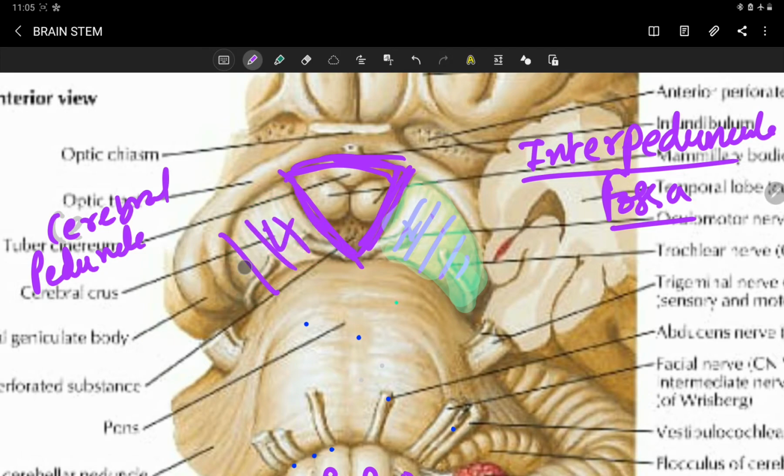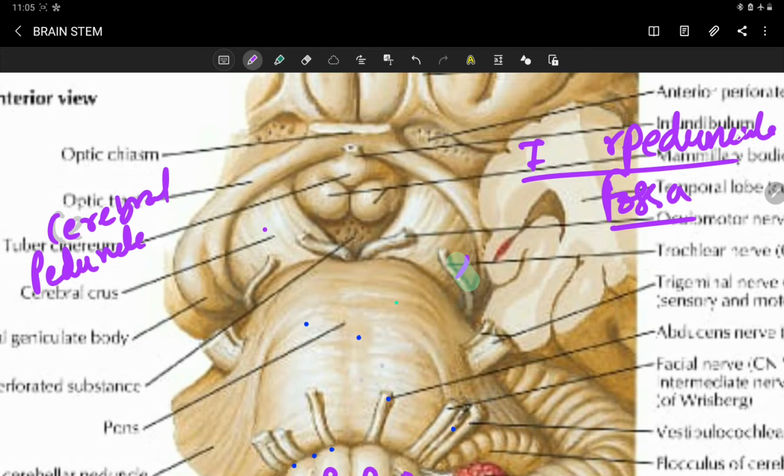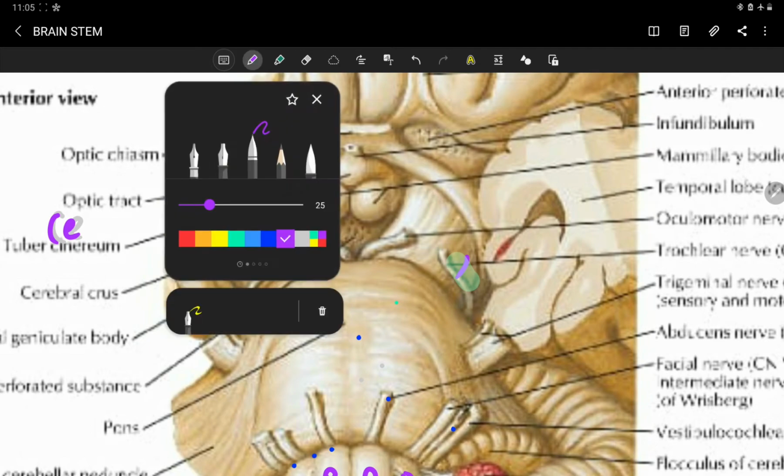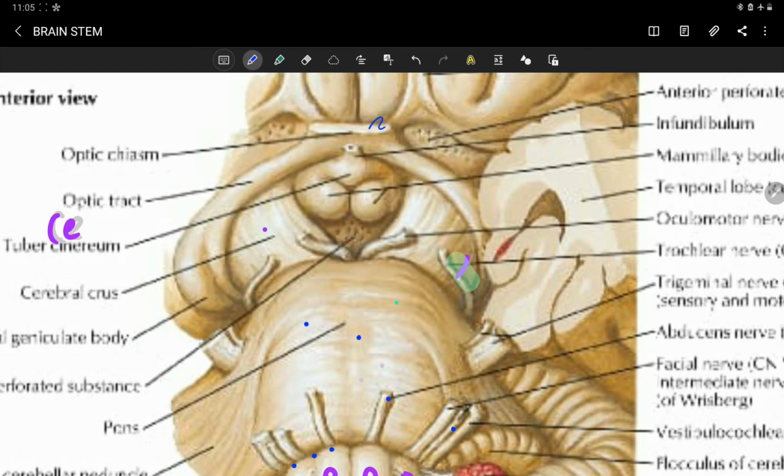Now, other structures you can also see here. This is your optic chiasma, and this is the optic tract.